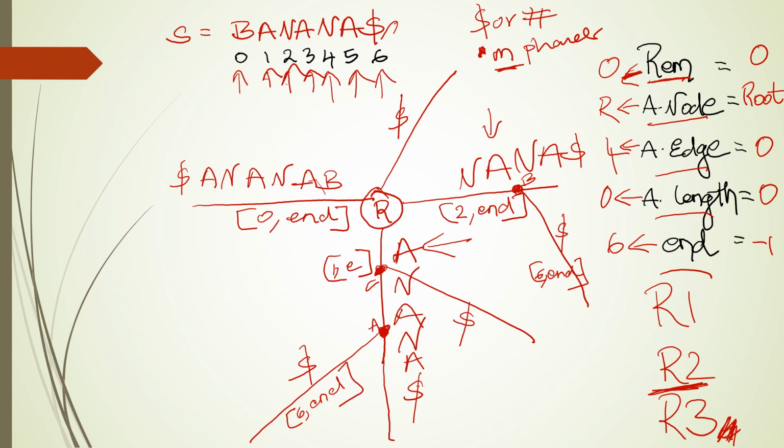So first A was created. I told you A was directing temporarily to the root node. Whenever B is created, A points to B, and temporarily B points to the root node. And C was created again.